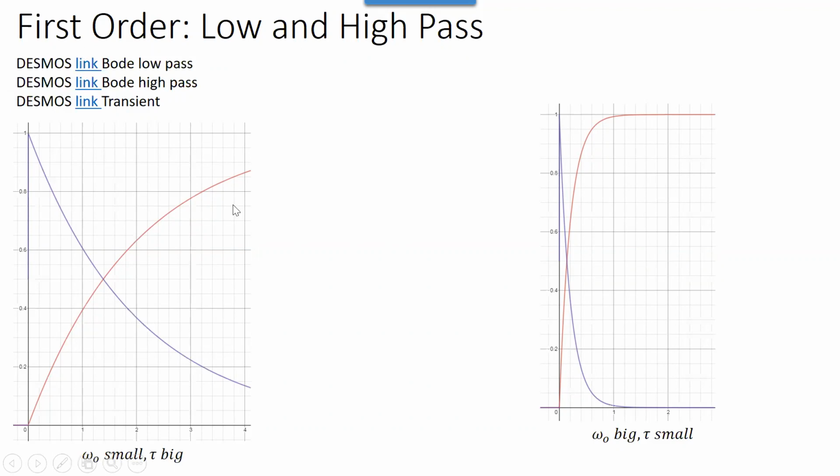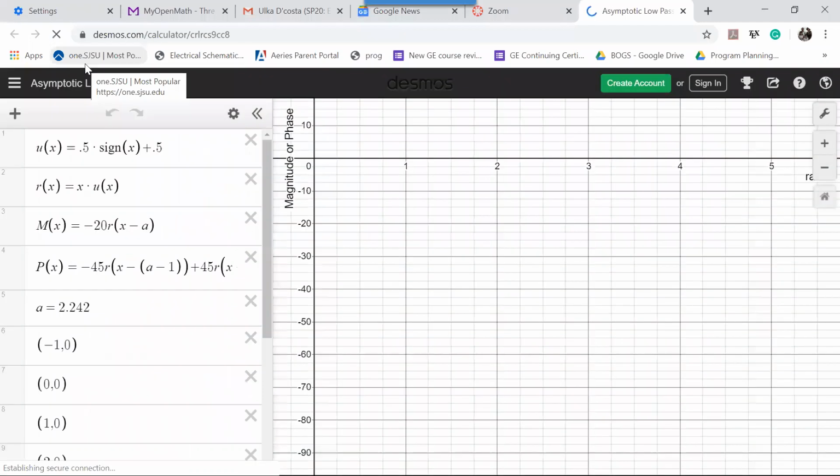So now let's look at these high and low pass filters. Let's see if it opens up, because I think I have it as an animation.